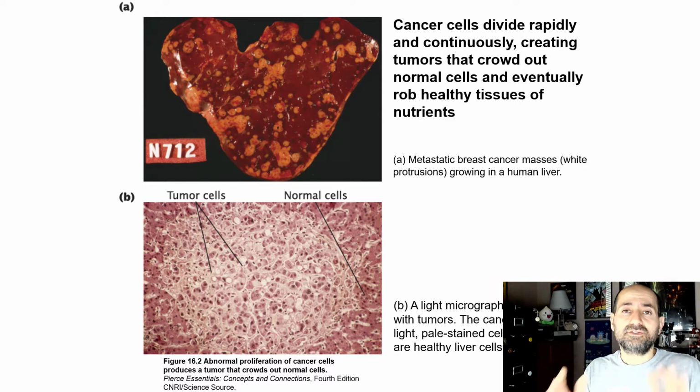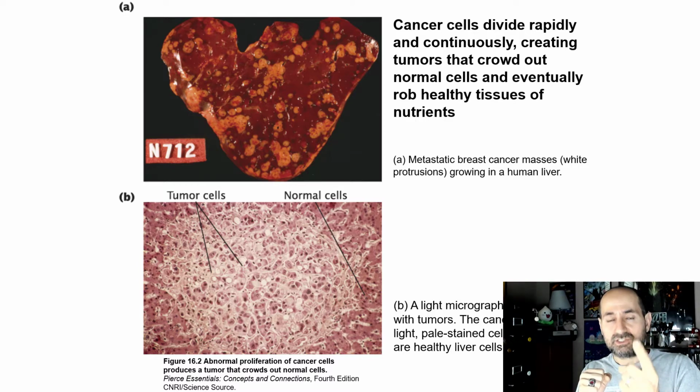So that's how you can tell, by the way, they do a biopsy of your liver and then you found out you have breast cancer, and you're like, how did you find out I have breast cancer from my liver? That's how. The cancer starts in one location with one cell usually, right? So it would be a cell in your breast tissue that's lost control of the cell cycle and decides it's going to divide.